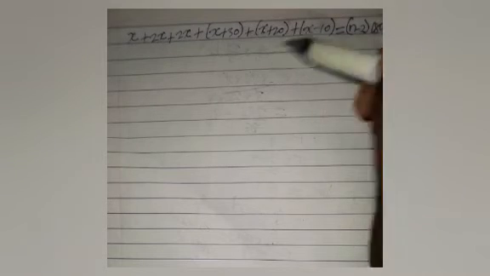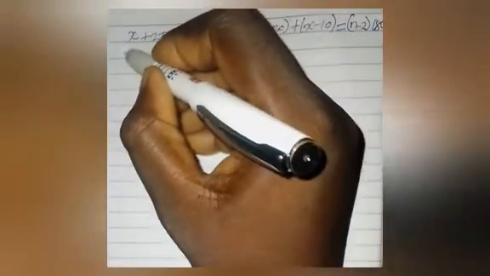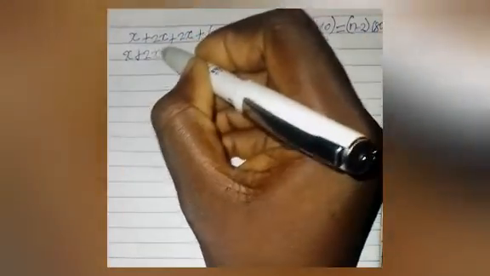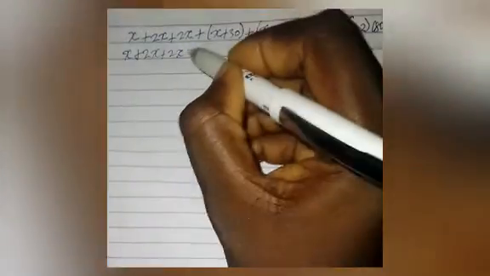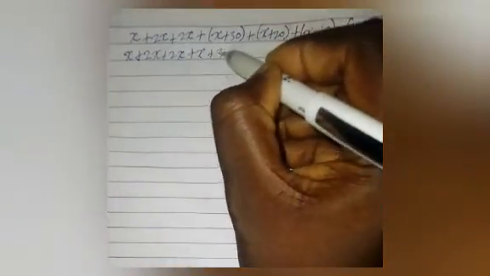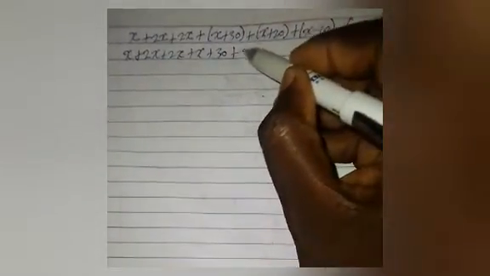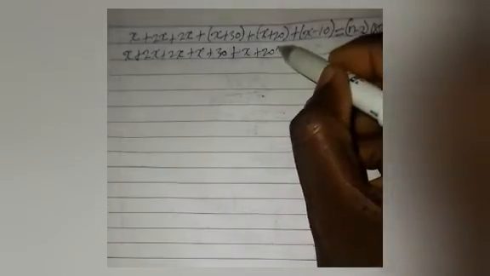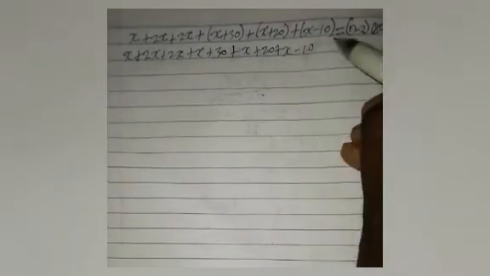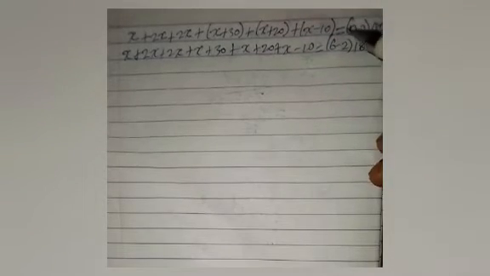Since this polygon has 6 sides, we replace n with 6. So we proceed: x plus 2x plus 2x plus x plus 30 plus x plus 20 plus x minus 10 is equal to 6 minus 2 times 180.